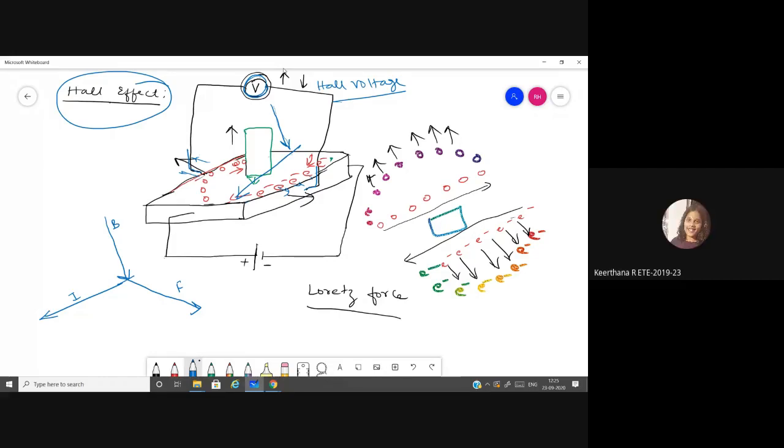Flow of current gives a potential difference, but I'm telling you that after the application of this, there is an increase in the voltage in the voltmeter. How is that potential difference obtained?